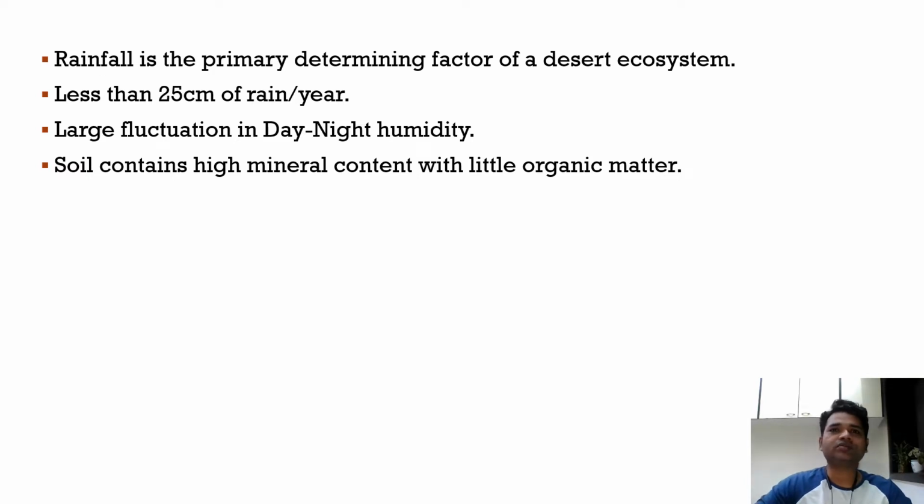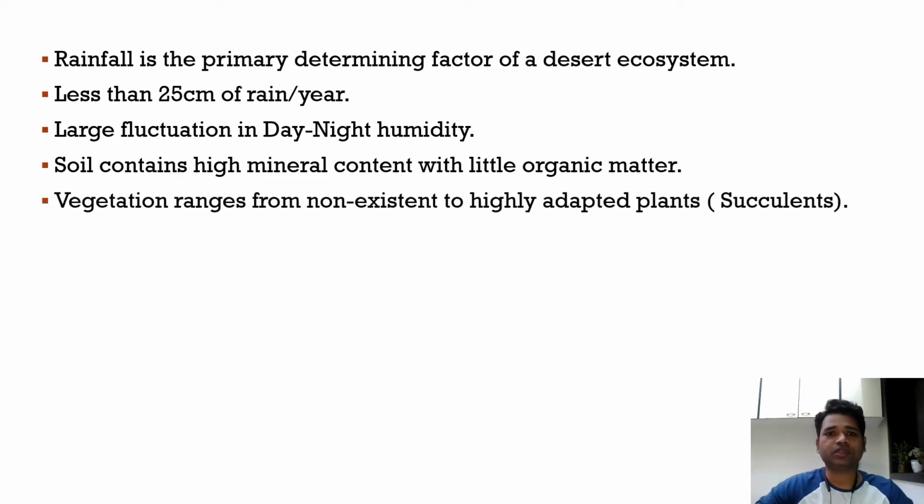So whichever region has scanty rainfall, as well as high mineral content in the soil with little organic matter, it leads to desertification of the land mass. Desertification is a continuous process. Deserts extend and contract, and that's how different land masses are converted into deserts. So that's one type of terrestrial ecosystem, desert.